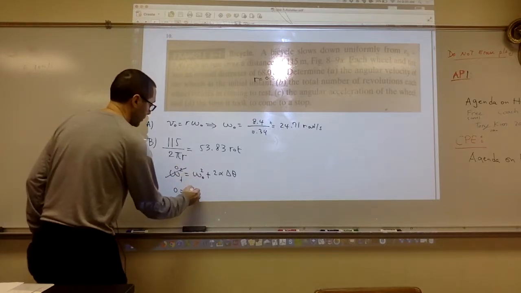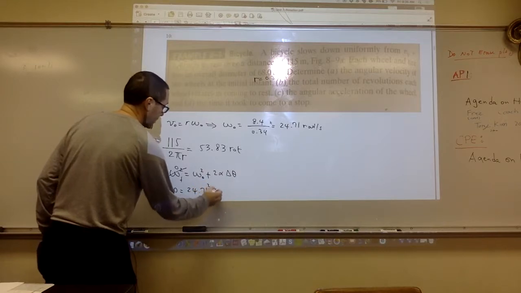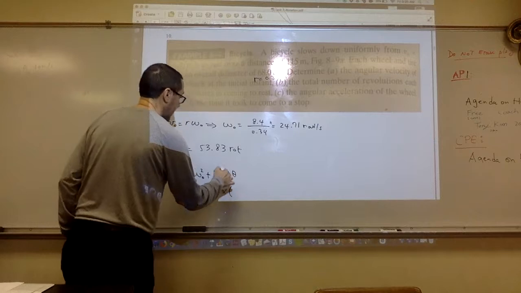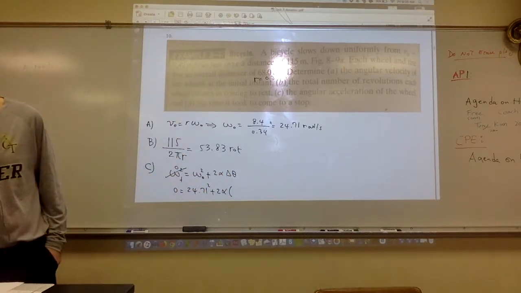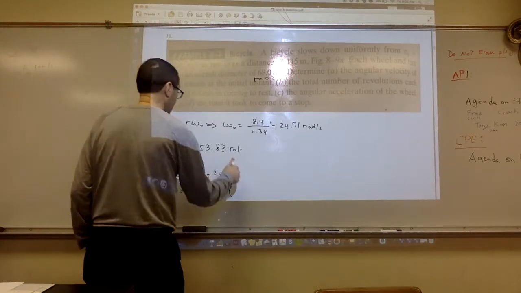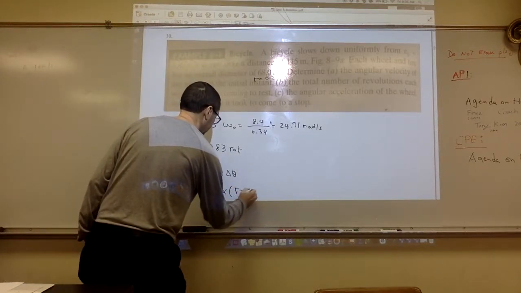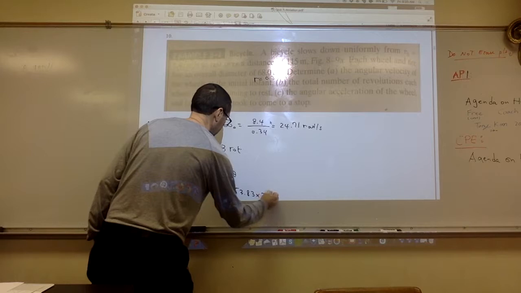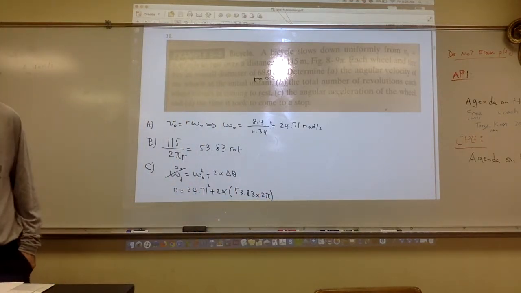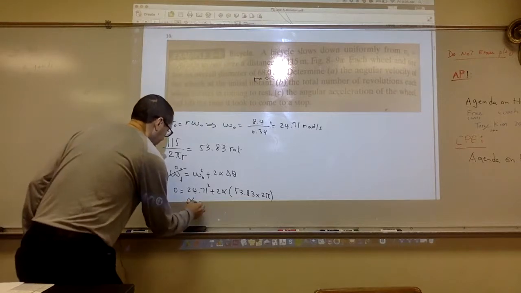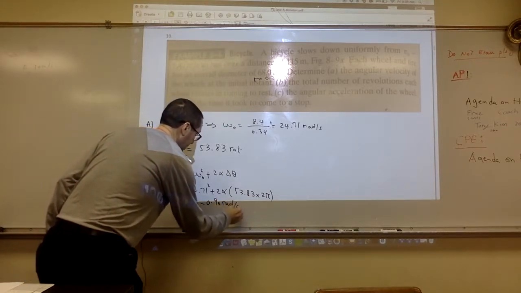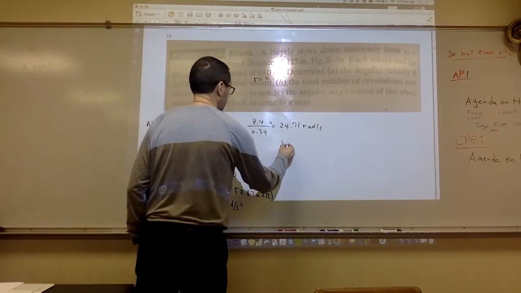This is 24.71 squared plus 2 times alpha times theta. Now to find the theta, you just take 53.83 and multiply by 2 pi, because each rotation is 2 pi. And you would get an alpha equal to negative 0.90 radians per second squared.